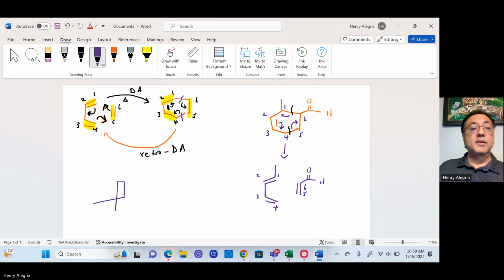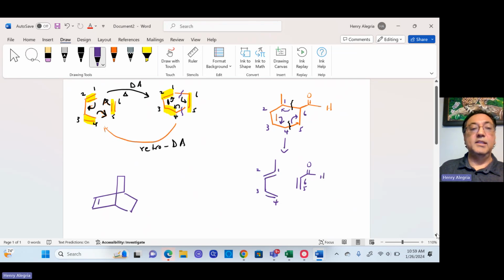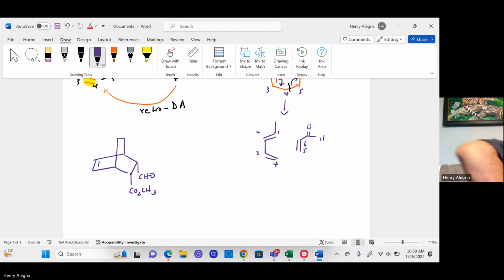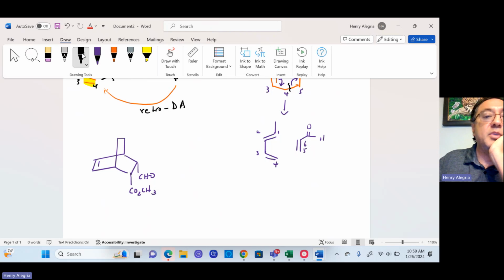Let's say that my final product had actually been a bicyclic product like that. That's a Diels-Alder adduct. And let's say that I had these two being endo. Okay, so I'll start off with my double bond, move it back that way, which means I have to move these two here, and I have to move these there.